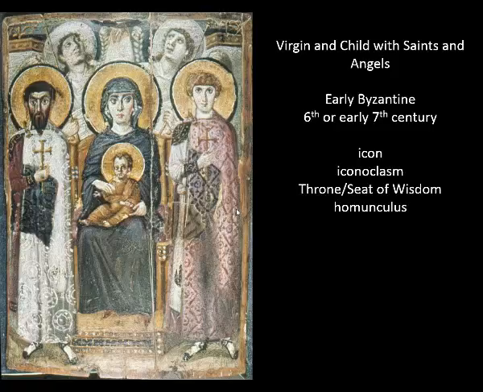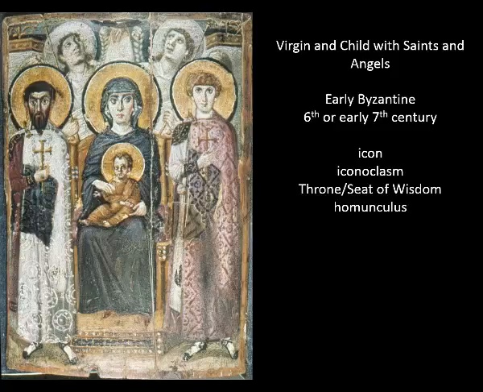One is the throne or seat of wisdom. This is a very common Christian religious image that we see in Byzantine art. This begins in Byzantine art. Basically it involves little baby Jesus sitting on the lap of Mary, whereas Mary, his mother, acts as the throne or the seat upon which Jesus sits.